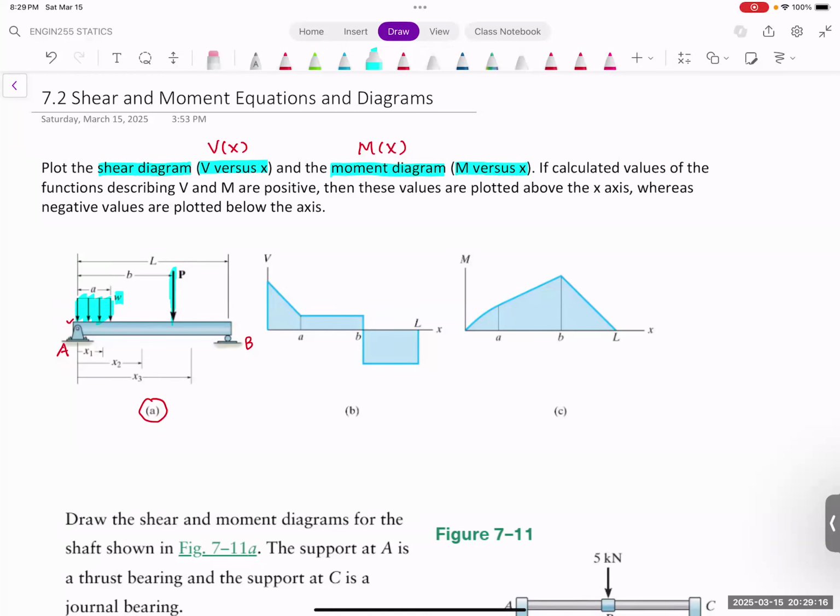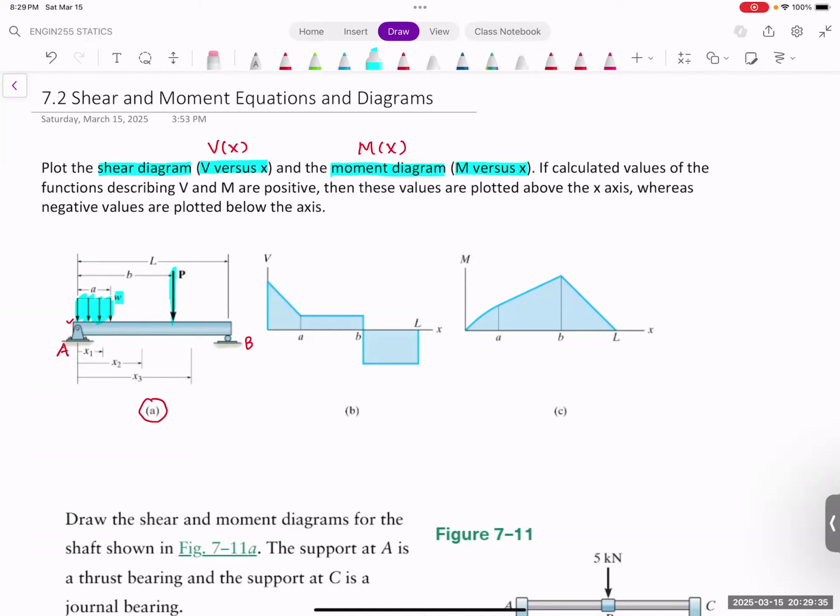If I have this loading situation, I want to know how the shear force varies along the member. By looking at different positions, I want to know the value of the shear force. We can also find out the value of the bending moment.